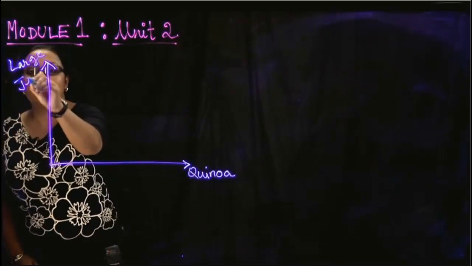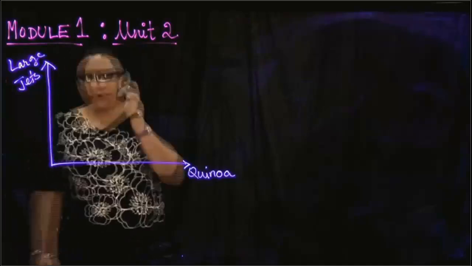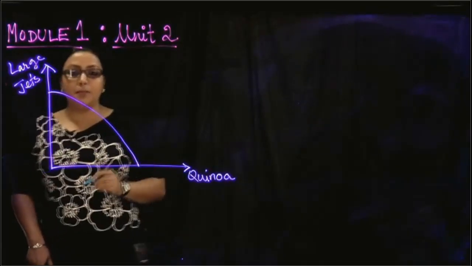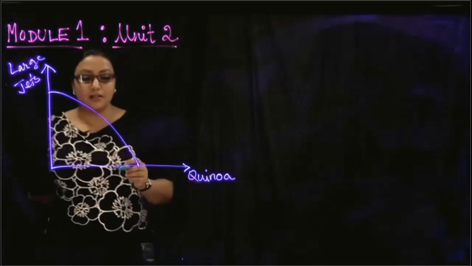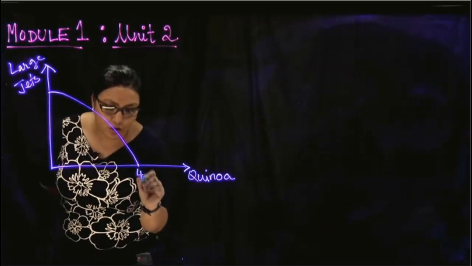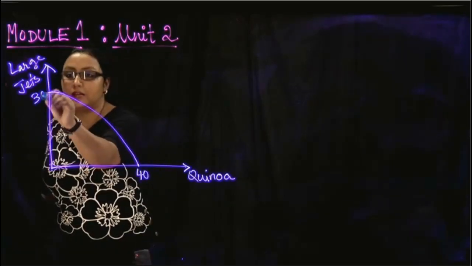And largettes, and let's say we have a PPF that instead of looking like a straight line looks like a curve. Let's stick to the same coordinates of 40 and 30.